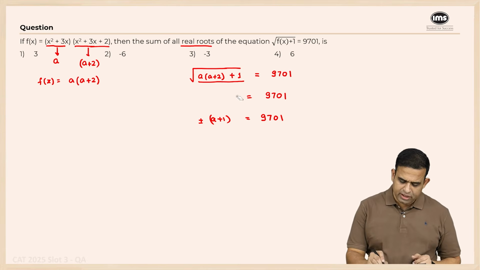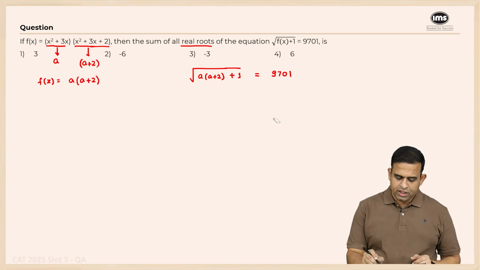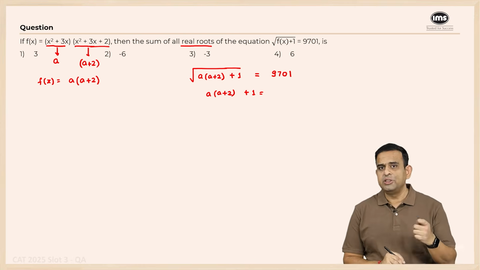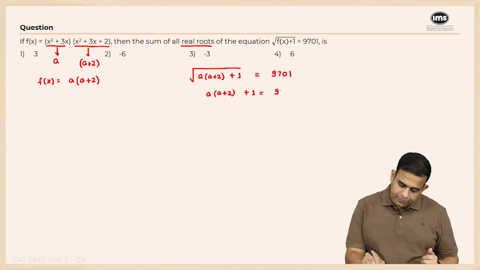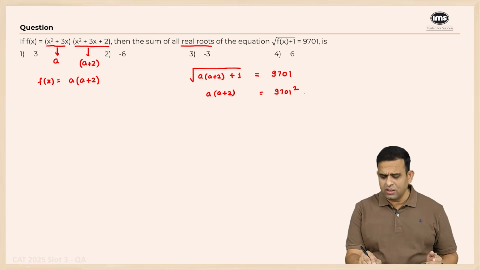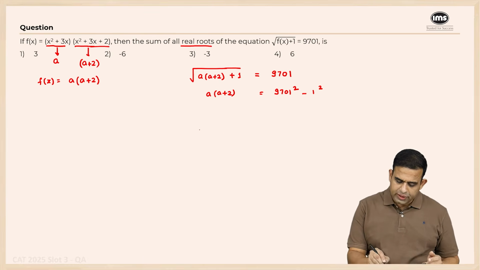Fine, that is correct, but let's go in a different direction. Suppose I square both sides, then you will get a into a plus 2 plus 1 to be equal to 9701 square. Let's take the term on that side, and you are going to find out 9701 square minus 1 square.